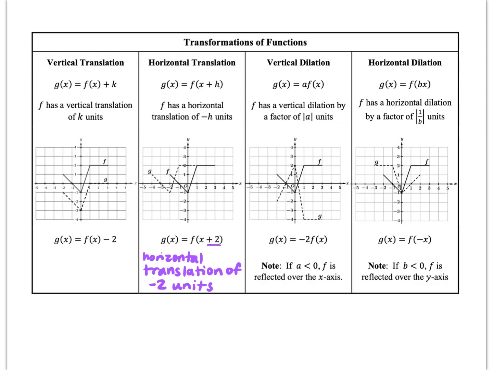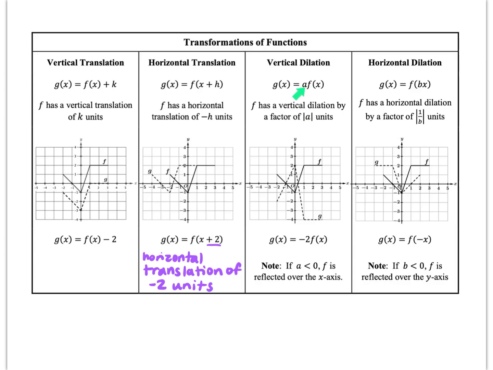Next, we have vertical dilations. A vertical dilation is going to occur when the function value is multiplied by a constant. So that a value is outside my function, and we say that f has a vertical dilation by a factor of the absolute value of a units.